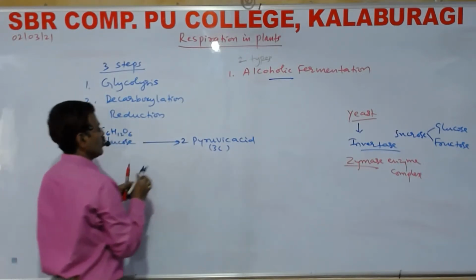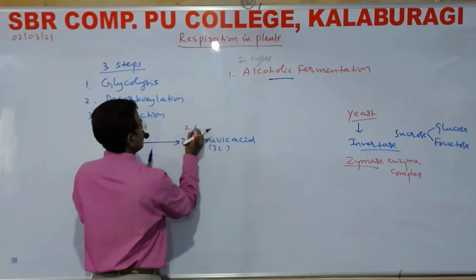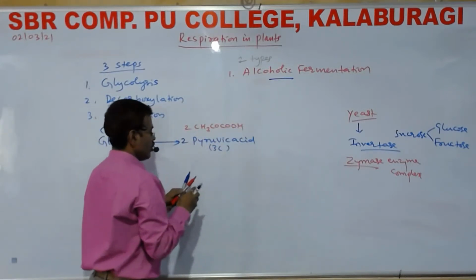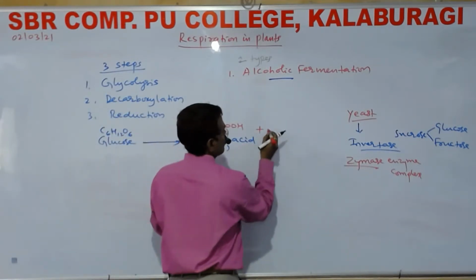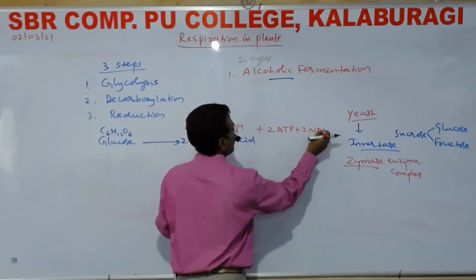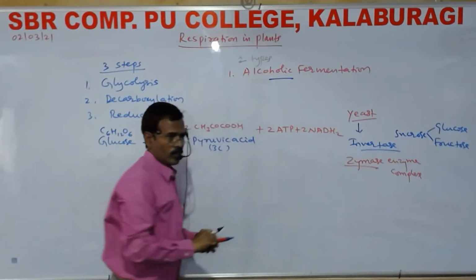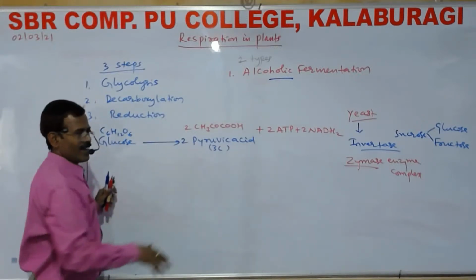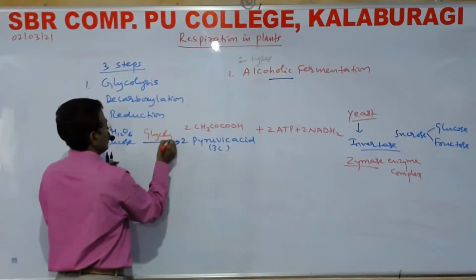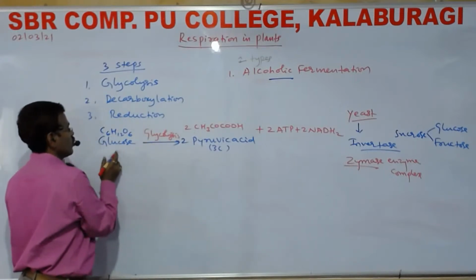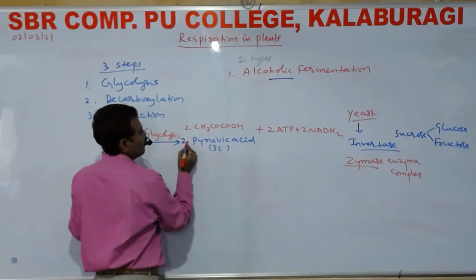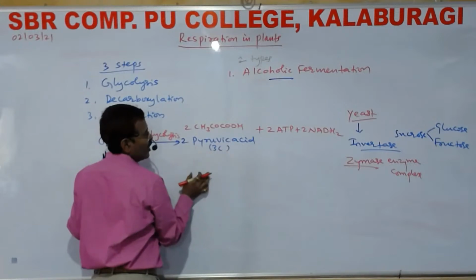It splits into two molecules of CH3COCOOH, and there will be a collection of 2 ATP and 2 NADH. This is the simple overall reaction of glycolysis: partial breakdown of glucose, a 6 carbon sugar, into two molecules of 3 carbon pyruvic acid.